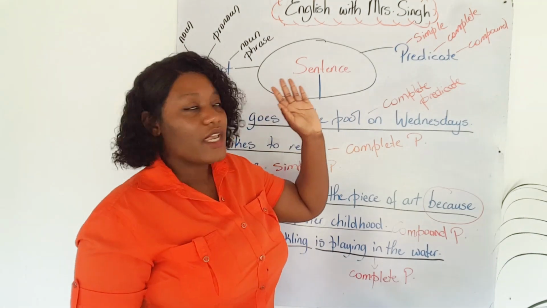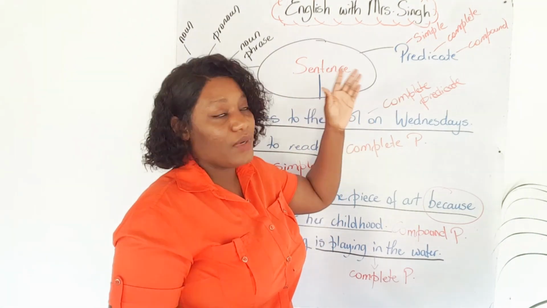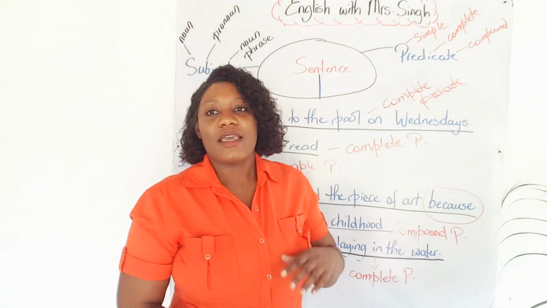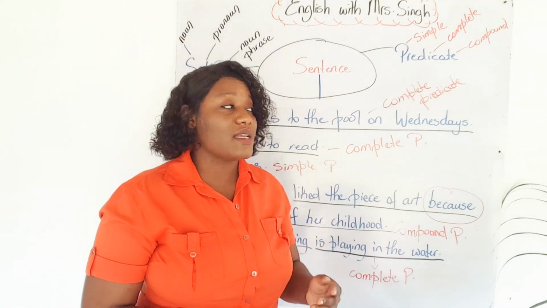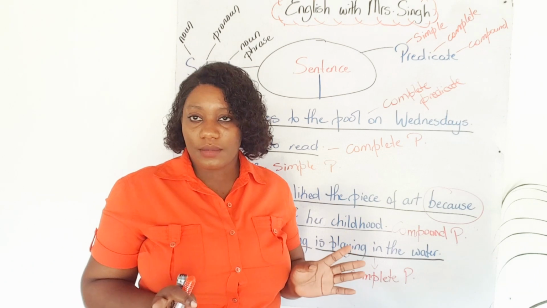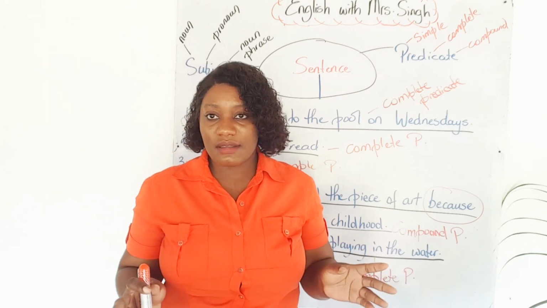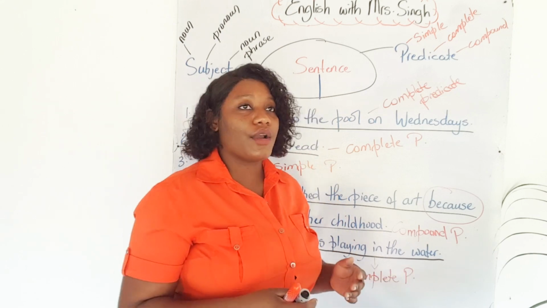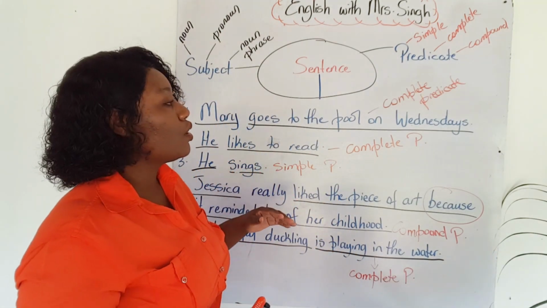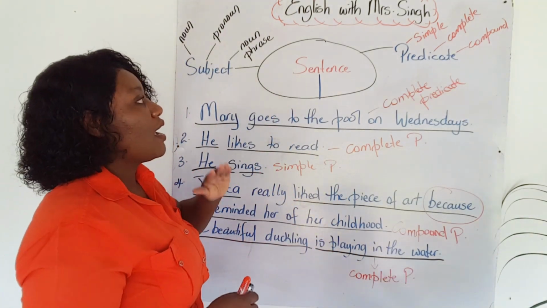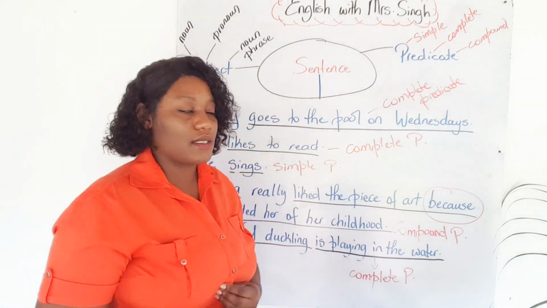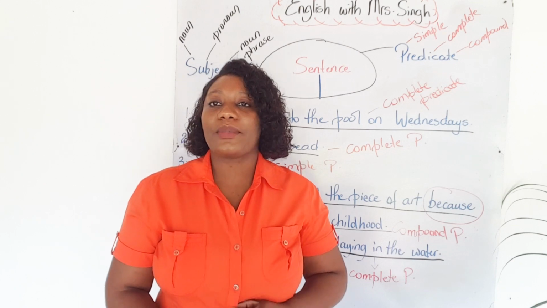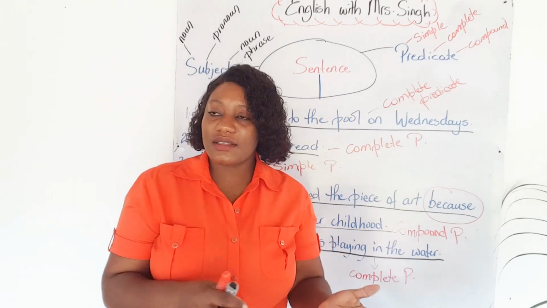All right, so it can either be simple, complete, or compound. Now, our simple predicate are those predicates that just end with the verb. She sings, she plays, she dances.